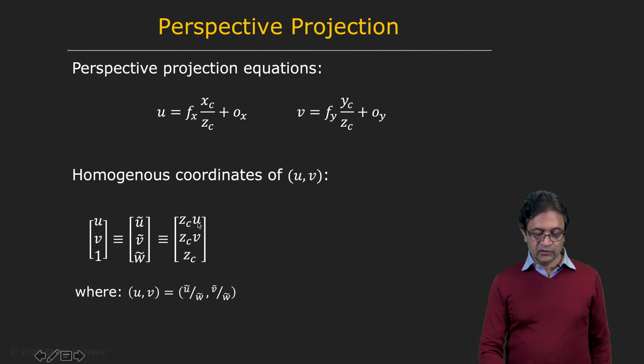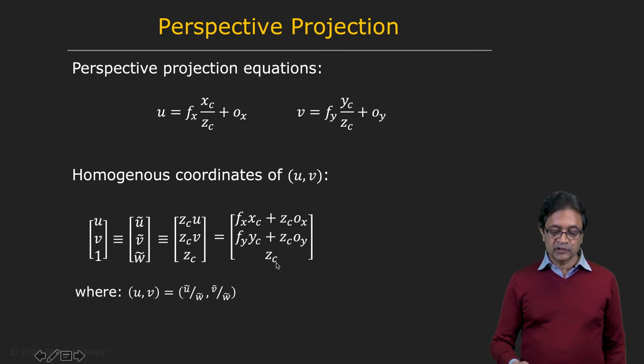So it's zc u, zc v, and zc. These two are equivalent. And why do we do this? Well, you can multiply this entire equation by zc, and you'll get zc times u right here, and something on the right-hand side, which is this. zc times v gives you this, and zc right here.